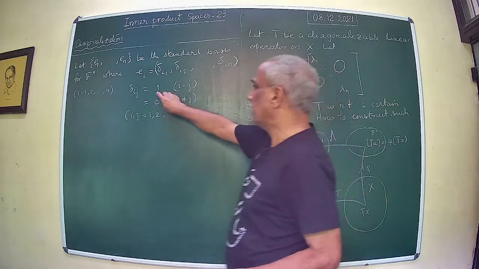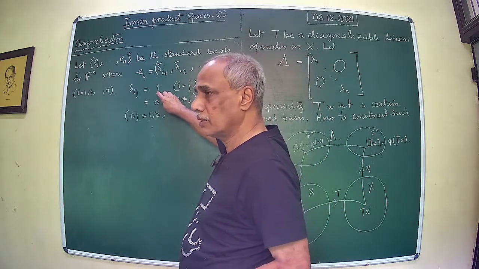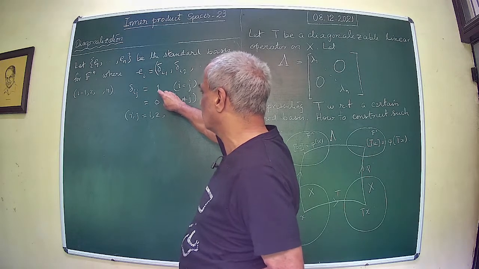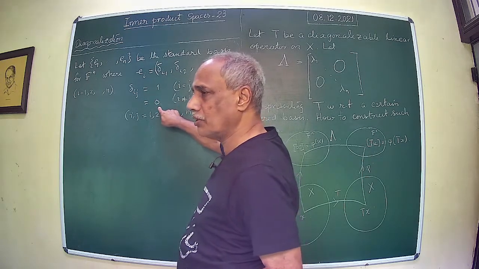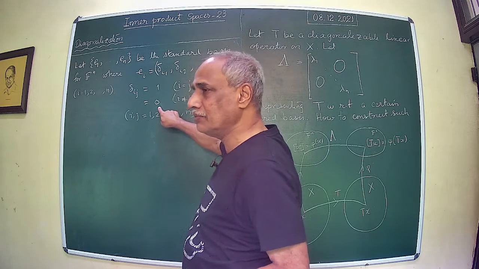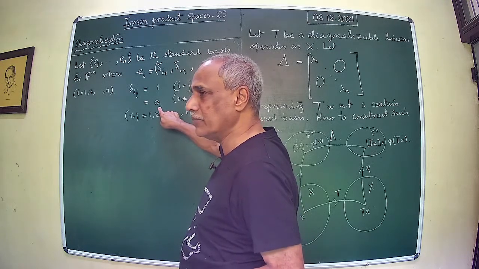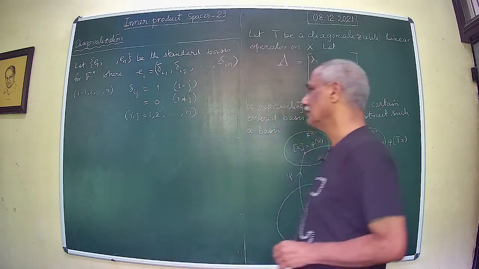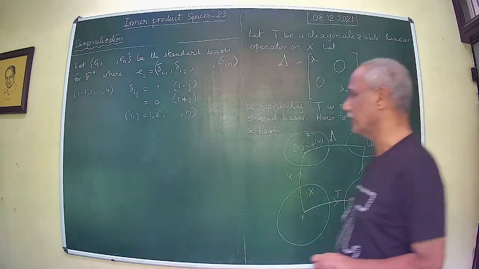Here 1 stands for the multiplicative identity element of the field, 0 stands for the additive identity element of the field. Okay, right, these are the symbols for that.